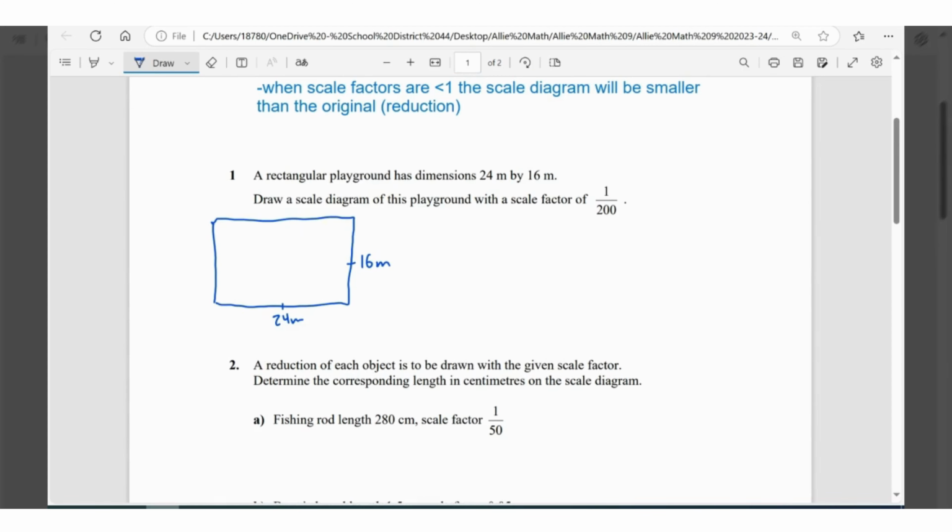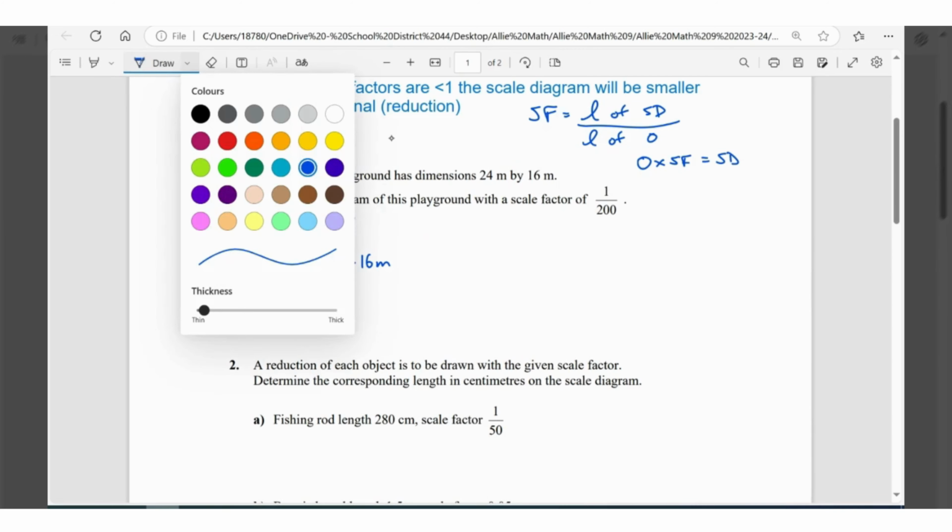There are a few equations that I would like us to write down, because we'll recall from our last notes that the scale factor equals the length of the scale diagram over the length of the original. And it's also true that our original times our scale factor equals the scale diagram.